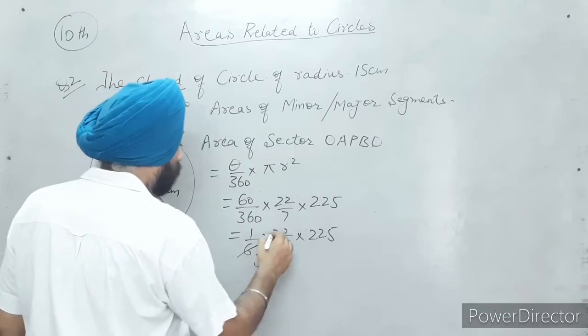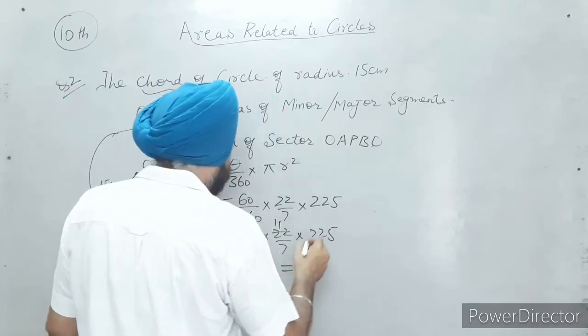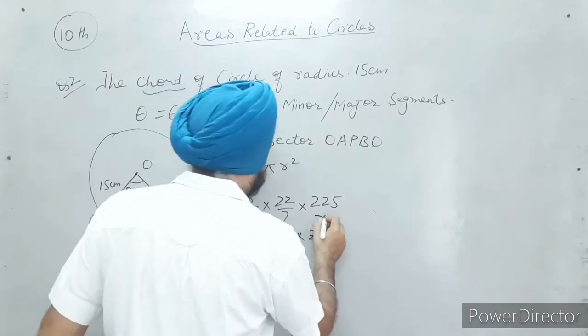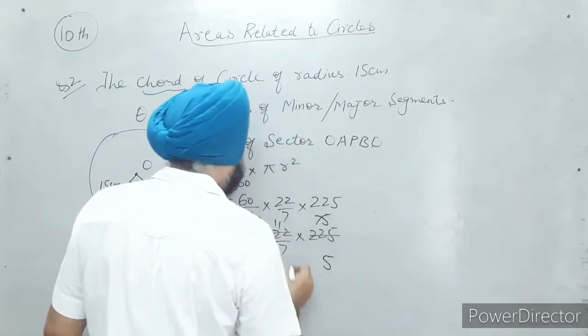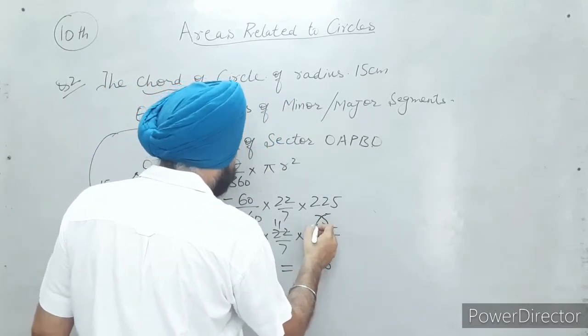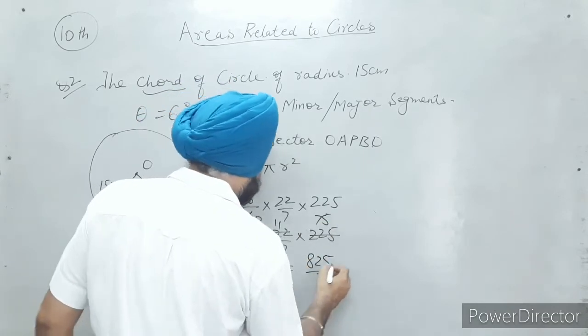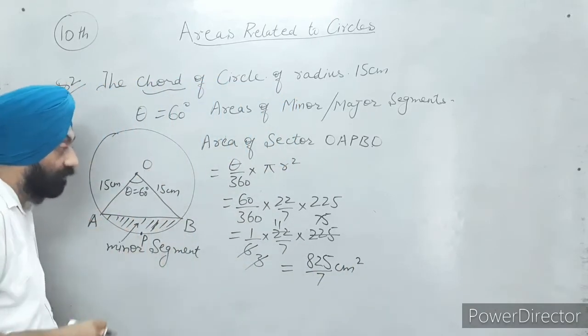Just multiply this. It cancels. 3 sevens are 21, carry 1, 3 fives are 15. So 11 fives are 55, 11 sevens are 77 plus 5, 82. Divided by 7 centimeters square is the area of this sector.